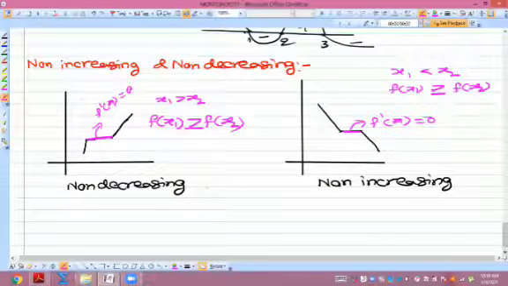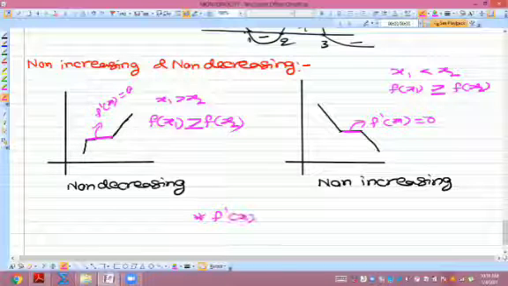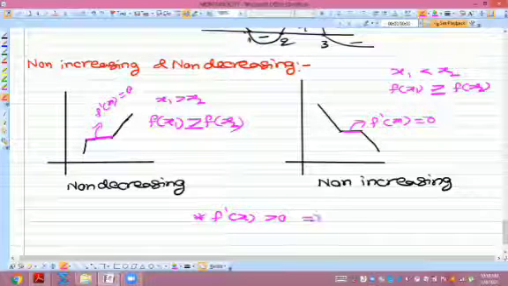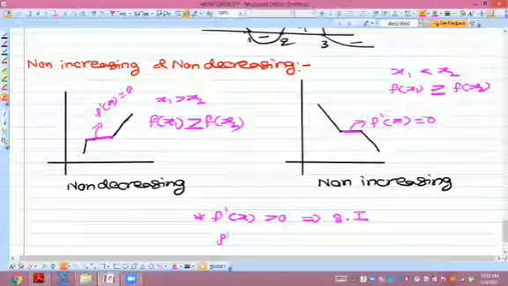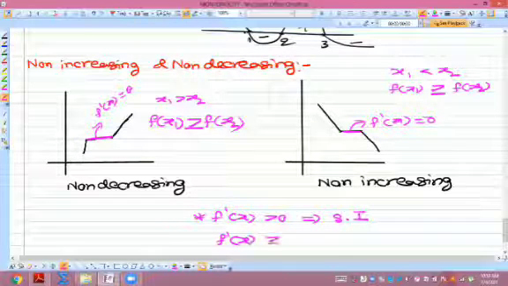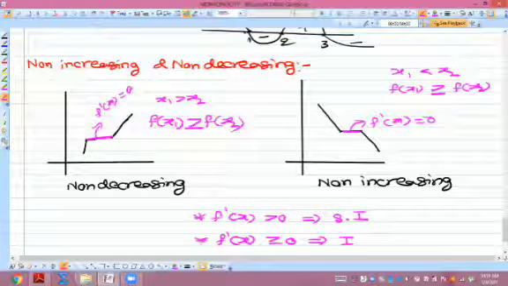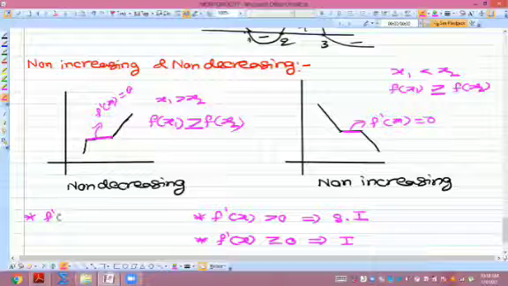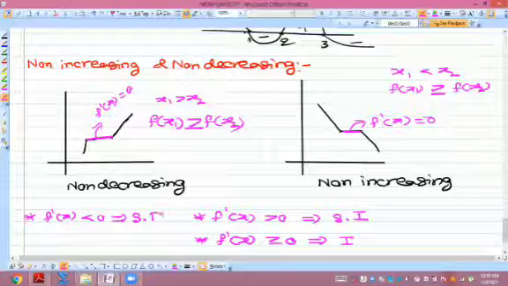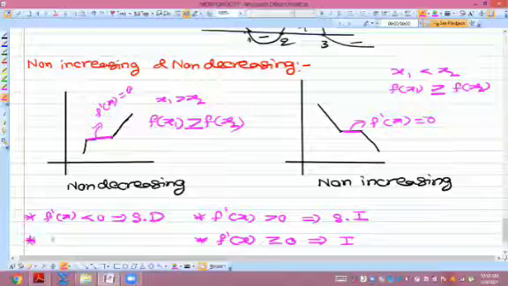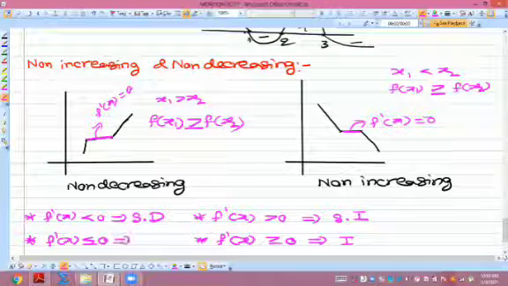So here you have to observe one point. When you are taking f dash of x greater than 0, it is called strictly increasing. Increasing means generally we will consider this one. In the same way, f dash of x less than 0 means strictly decreasing. F dash of x less than or equal to 0 means decreasing.